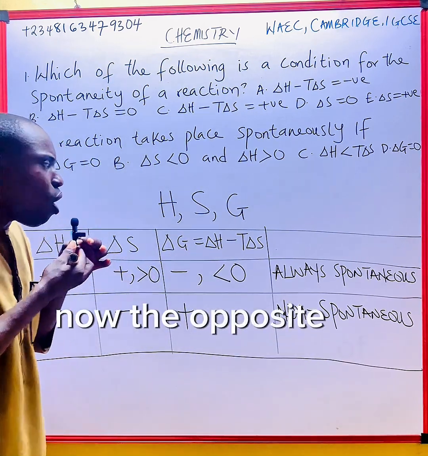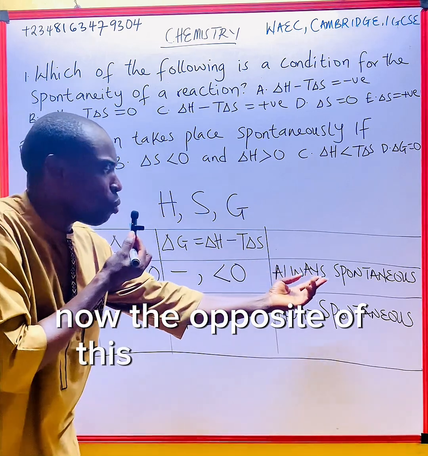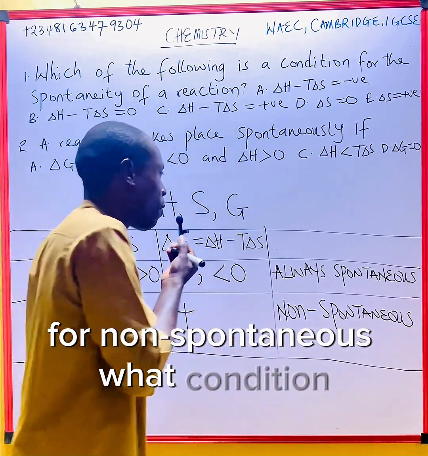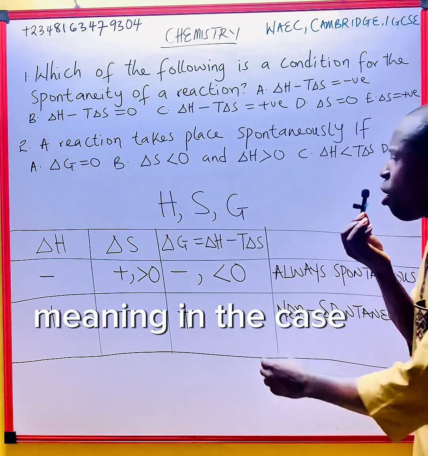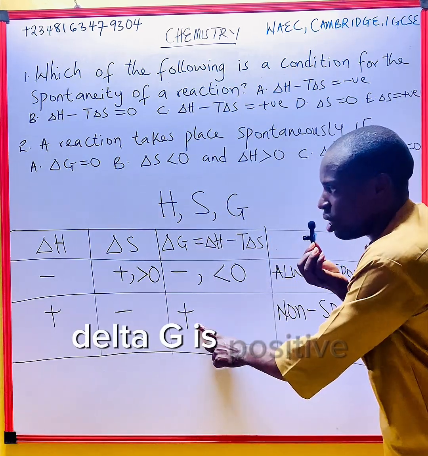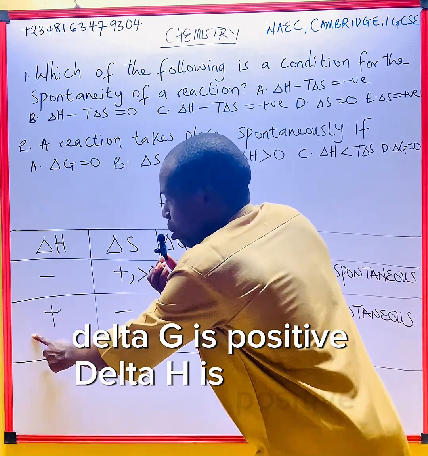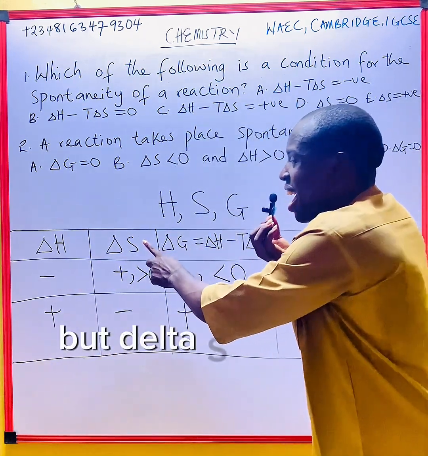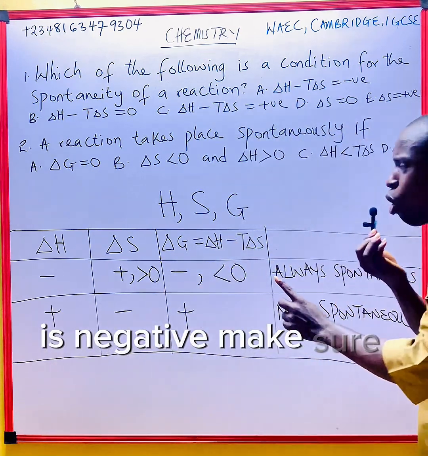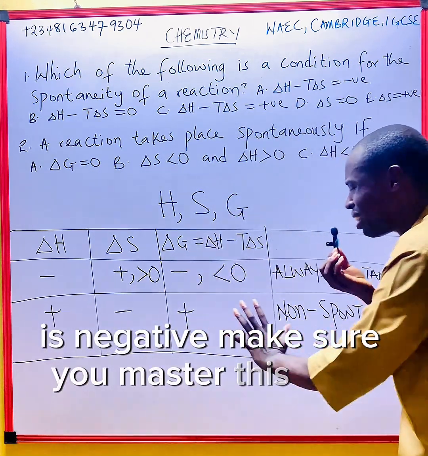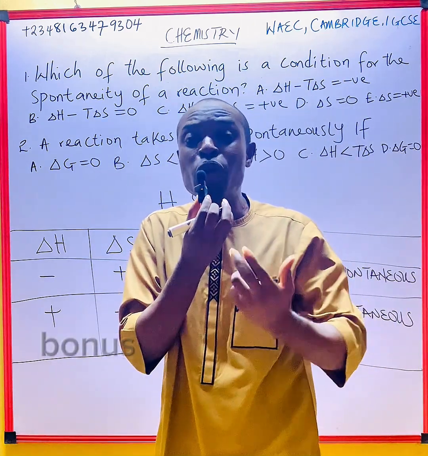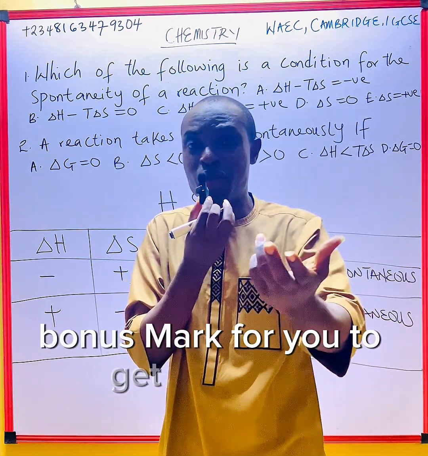The opposite of this spontaneous condition is the non-spontaneous condition, meaning in the case of a non-spontaneous reaction, delta G is positive, delta H is positive, but delta S, which is change in entropy, is negative. Make sure you master this table, as questions under this aspect are bonus marks for you to get with ease.